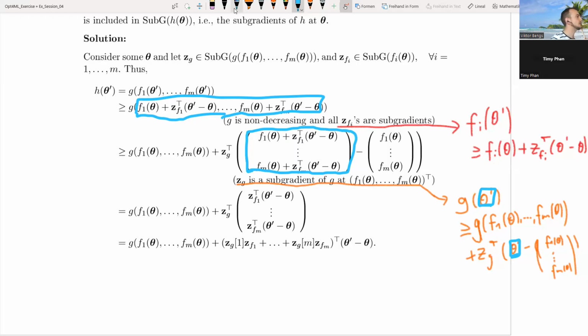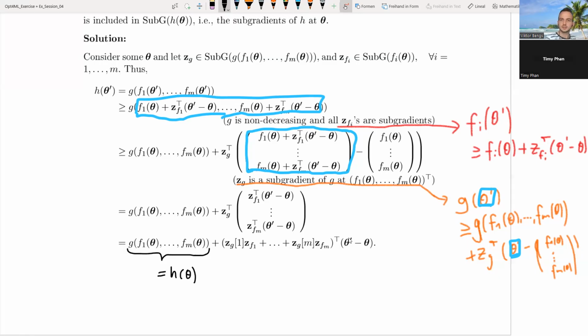And what we see is, here we have again h of theta. We started with h of theta prime. We have this inequality in between, and we see that for any theta prime, h evaluated at theta prime is greater than or equal to h of theta plus some vector inner product with theta prime minus theta.